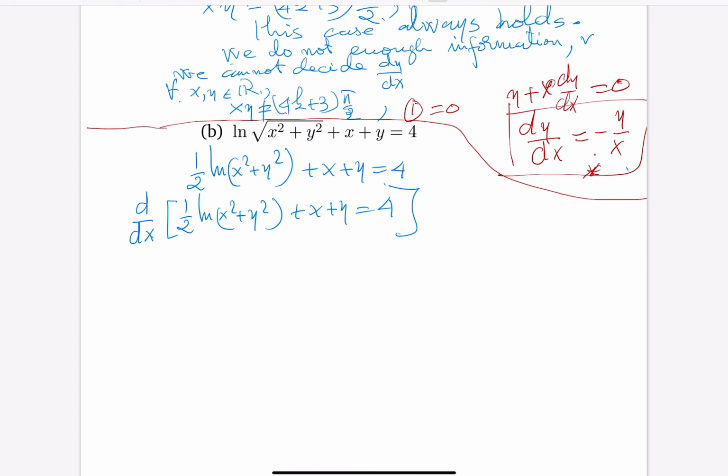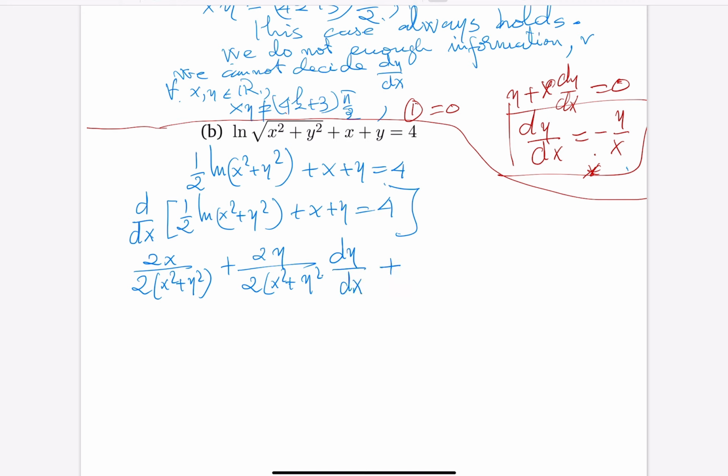You have 2x divided by 2 times x squared plus y squared, plus, with respect to y, 2y over 2 times the quantity x squared plus y squared, times dy over dx.